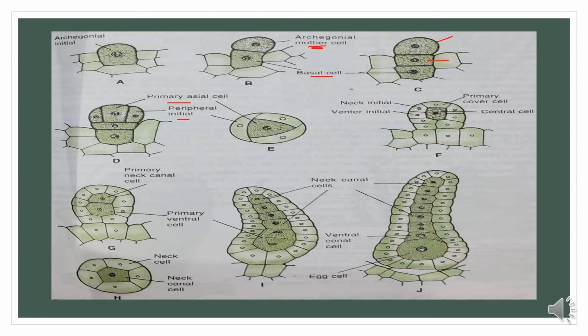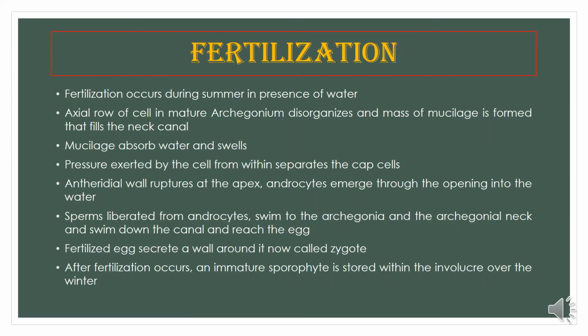By repeated division this final structure is formed, and we see that the neck, the venter and the egg are protected by a single layer of sterile cells that persist even after fertilization as a calyptra.